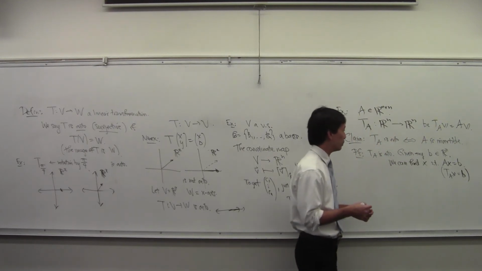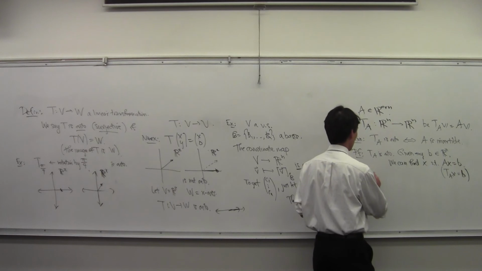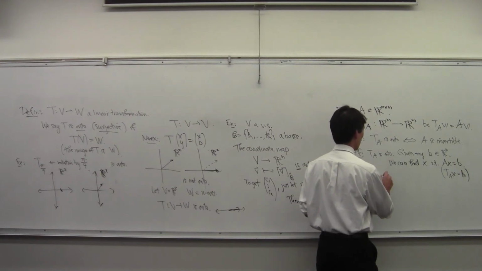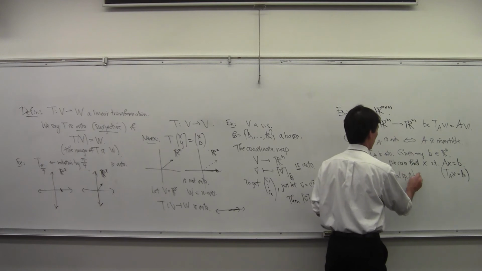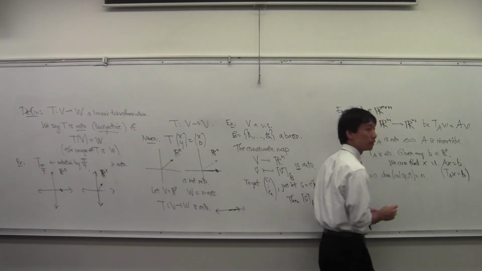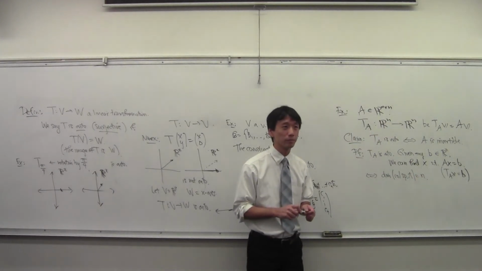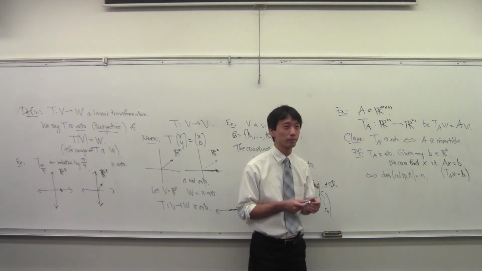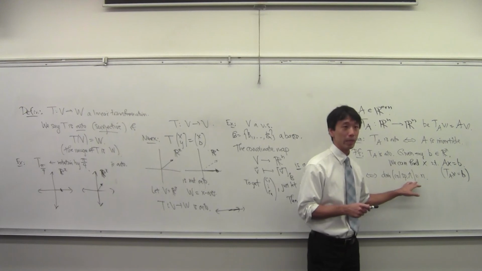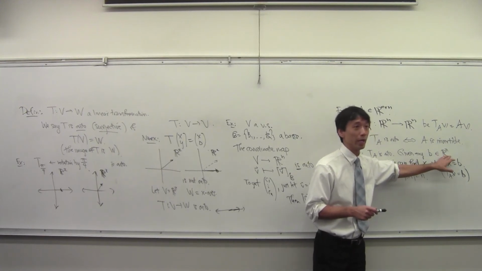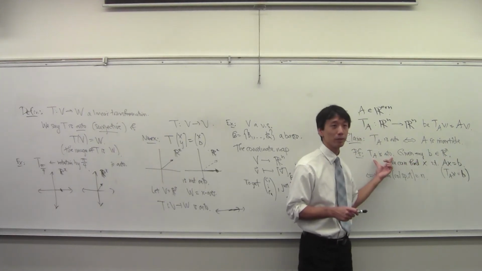In other words, that's saying that the dimension of the column space of A is n. That we get all of Rn as the outputs.